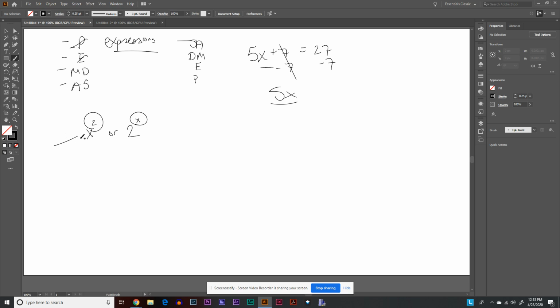So if we have x to the power of 2, then we know, okay, cool, we have a quadratic equation, right? Or if it's x to the power of 3, it's a cubic, or x to the power of 5, it's a fifth order polynomial.